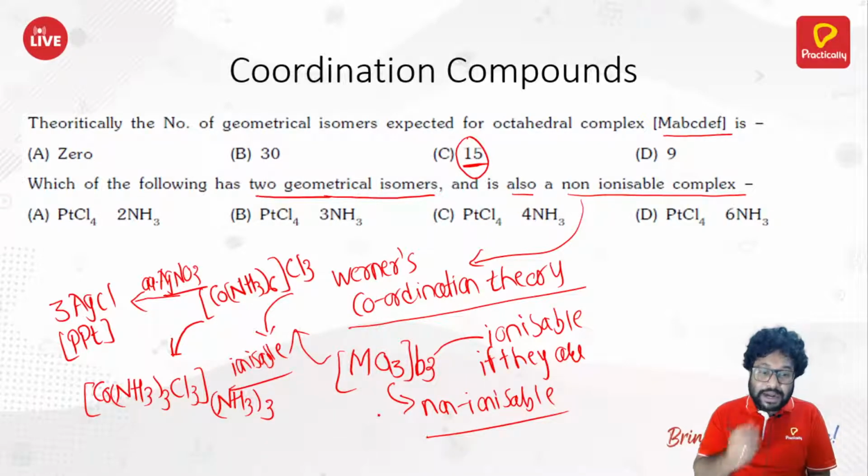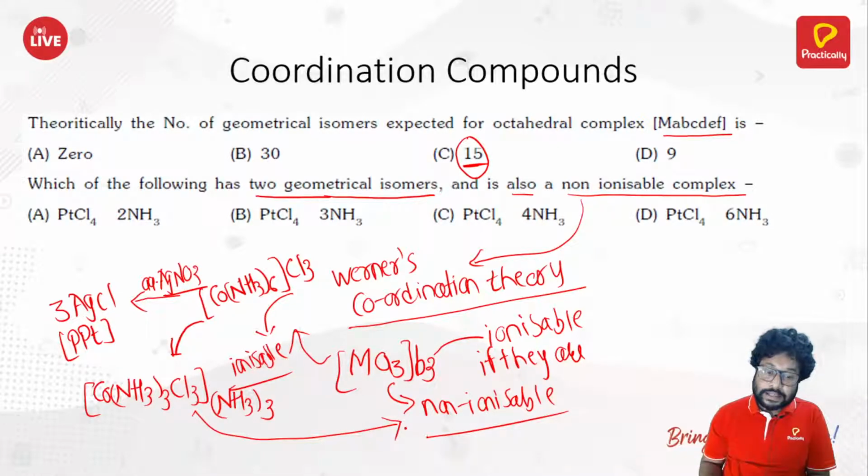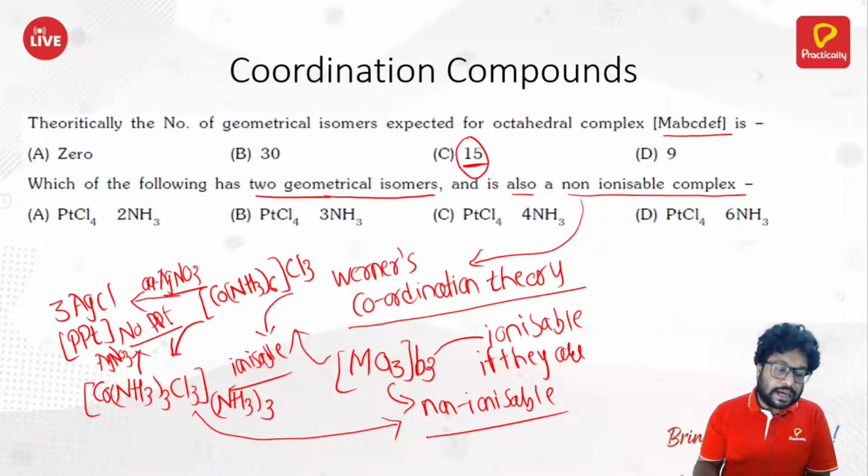And as far as these chlorides are concerned, your chlorides are present in the coordination sphere now. So you cannot ionize this chlorine. They are now non-ionizable. Now suppose you put aqueous AgNO3 now, you would get no precipitate, because chlorides are in the coordination sphere now.